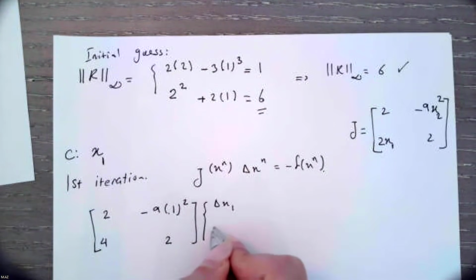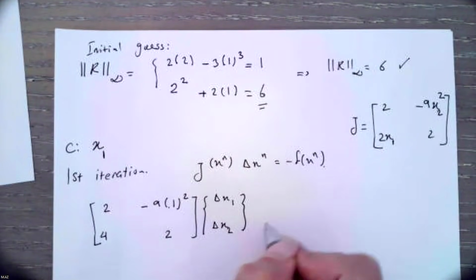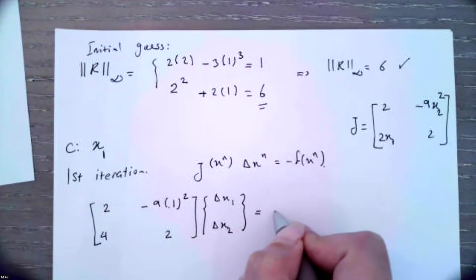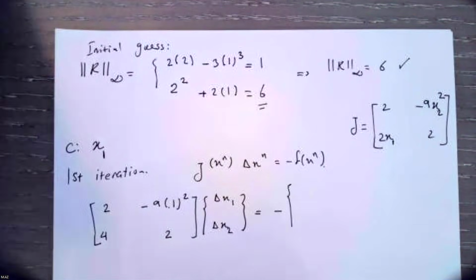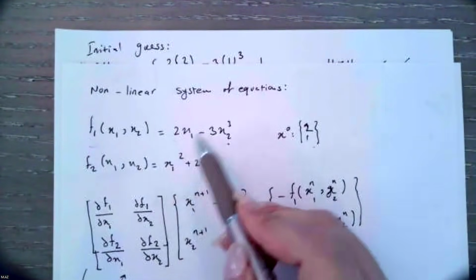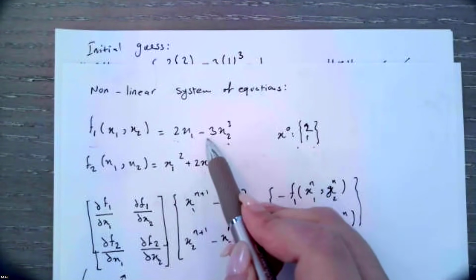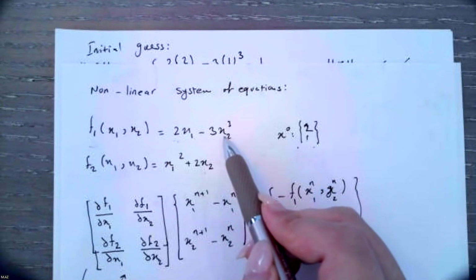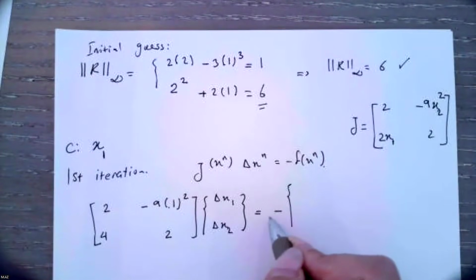Delta x1, delta x2 equals negative of f of x1, the two equations evaluated at the initial guess. This means 2 times 2 minus 3 times 1 cube. Okay, the answer is 1, but we have to multiply by the negative.